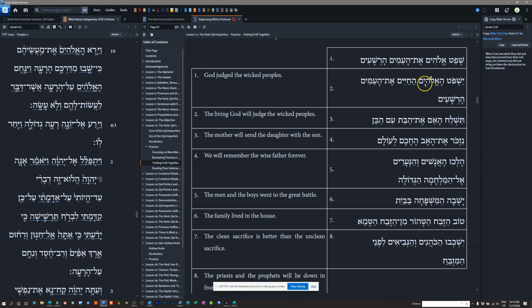But remember, ha Elohim, when it's used to refer to the God of Israel, often takes a masculine singular verb. You can see this in Genesis 1, and so God made man in his image, male and female, he created them. Those forms, he created, he made, use a third masculine singular verb. So this Elohim can be the subject here, even though there's a disagreement in number.